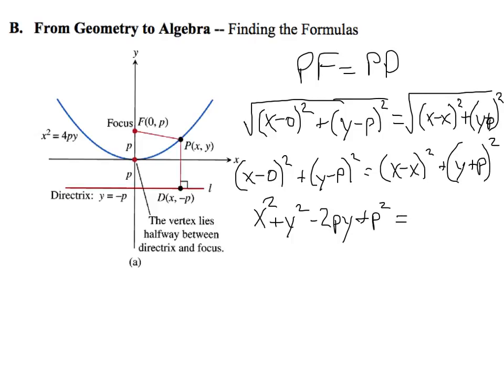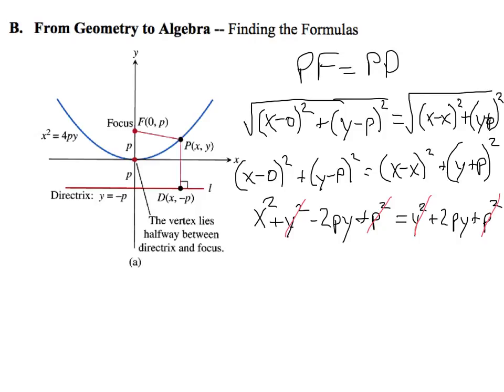And then on the right side, x minus x is just 0. If I square that, I still have 0, so that doesn't matter. So I just need to worry about FOILing the second part together. And when I do that, I'm going to get y squared plus 2py plus p squared. And a few things are going to cancel off there. I have a y squared on the left and on the right, p squared on the left and on the right.